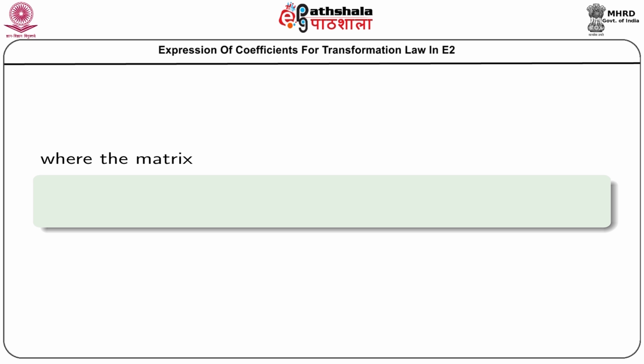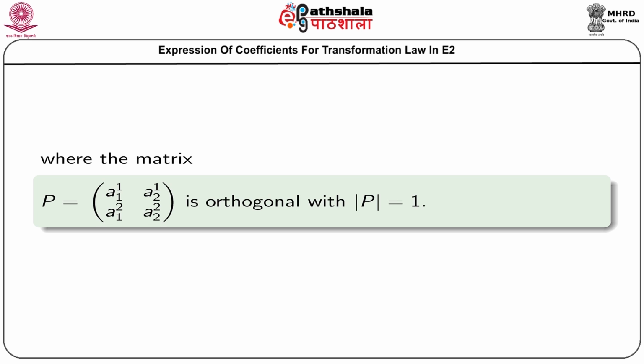The transformation matrix comes to this form: a11, a12, a21 and a22, and as it is an orthogonal transformation, this matrix is orthogonal with determinant equal to 1.